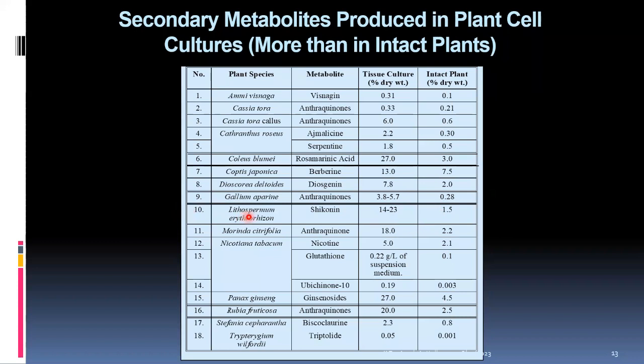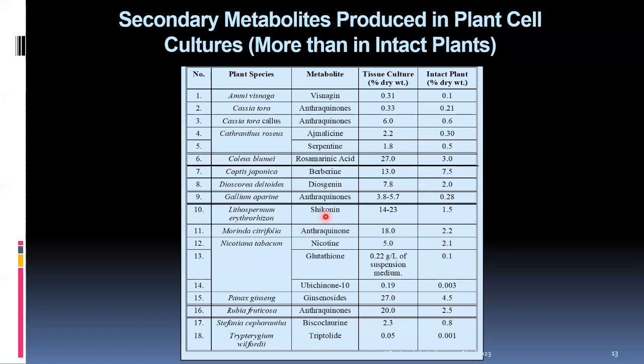In Lithospermum erythrorhizon, which was one of the first success stories which came from Japan, this yield increase has been tremendous. You can see here it is 1.5, and in the best culture medium it is 23. So there is a 23 times increase via simple tissue culture, nothing like Agrobacterium mediated transformation, etc. This is shikonin production. Shikonin is a red colored dye. From the species name, erythrorhizon, you will realize: roots which give rise to red dye.